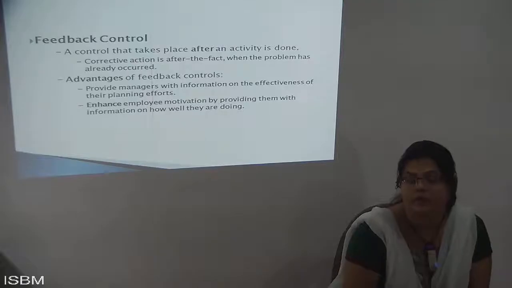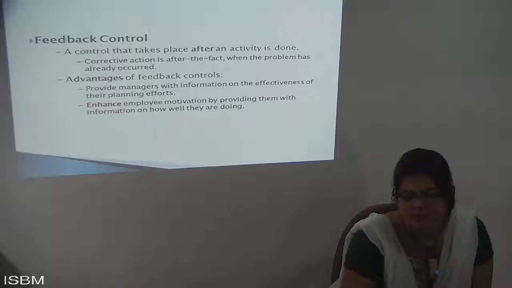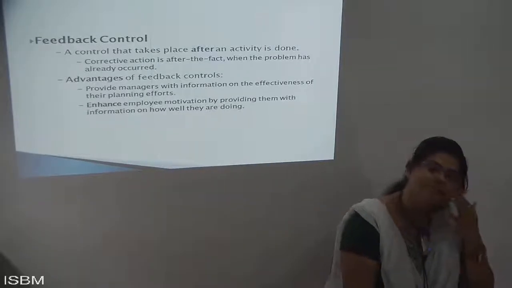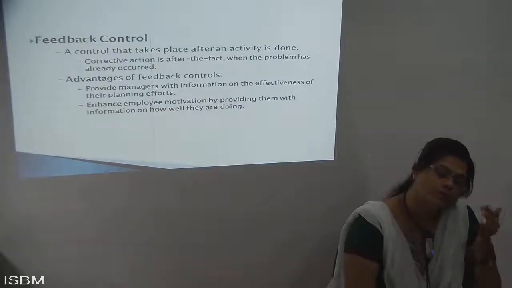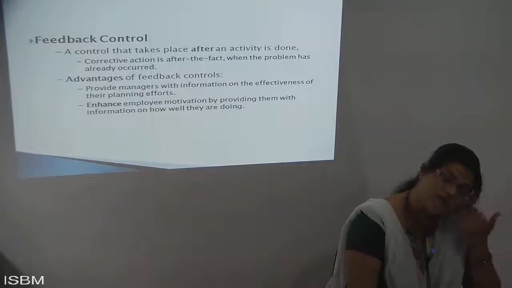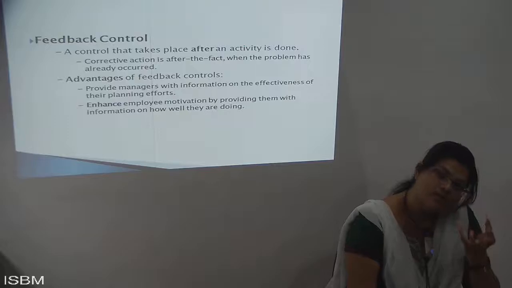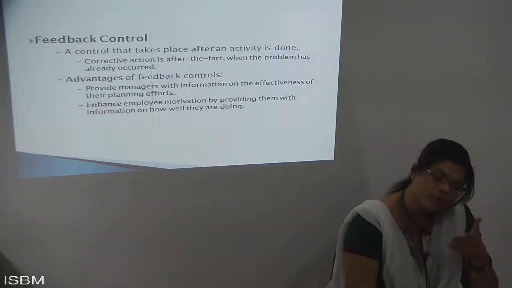Without feedback control, organizations can't function. As we learned in communication, the process is between two parties, sender and receiver. The sender sends the message, the receiver accepts it, and sends feedback, and that feedback coming to my end is again a message. This process continues between the two persons.